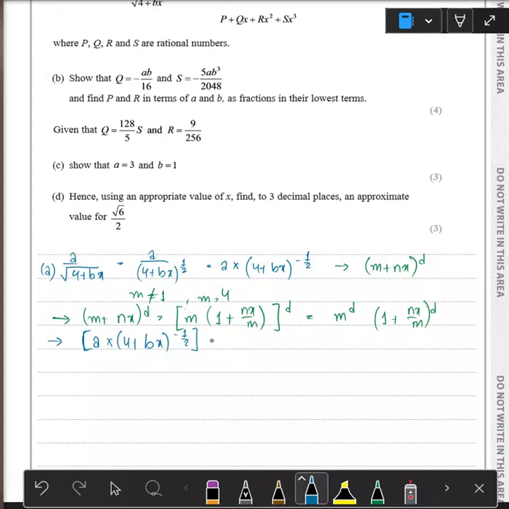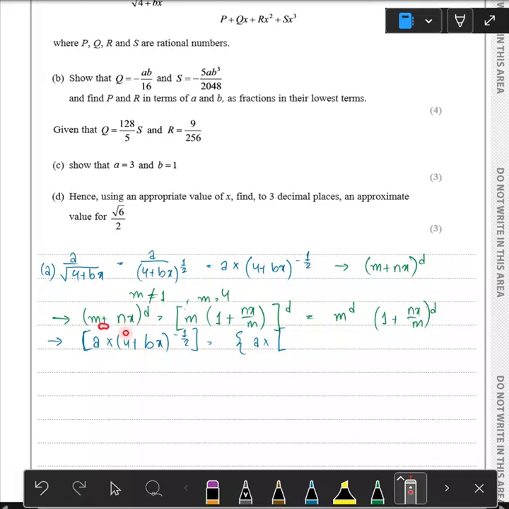So if I just write it like this, A multiplied by, now in our case, m is equal to 4, n is equal to b, and d is equal to negative half. So if I do that here, m to the power d.